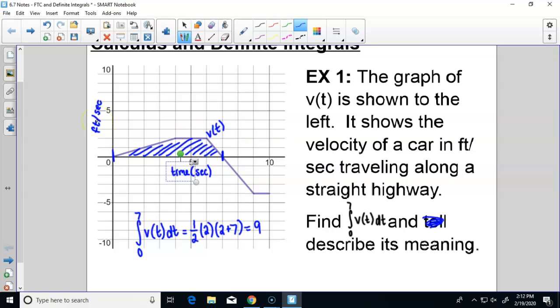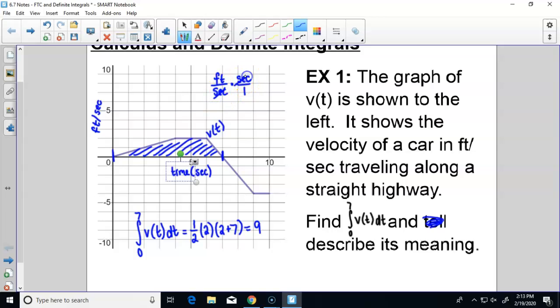So the units, to me, are very helpful in determining what in the world this means, right? So if I am talking about what this means, I have integrated. I have found the area underneath the curve. So if I'm thinking of units for the area of this, then I would be taking feet per second, and I would be multiplying that by seconds.